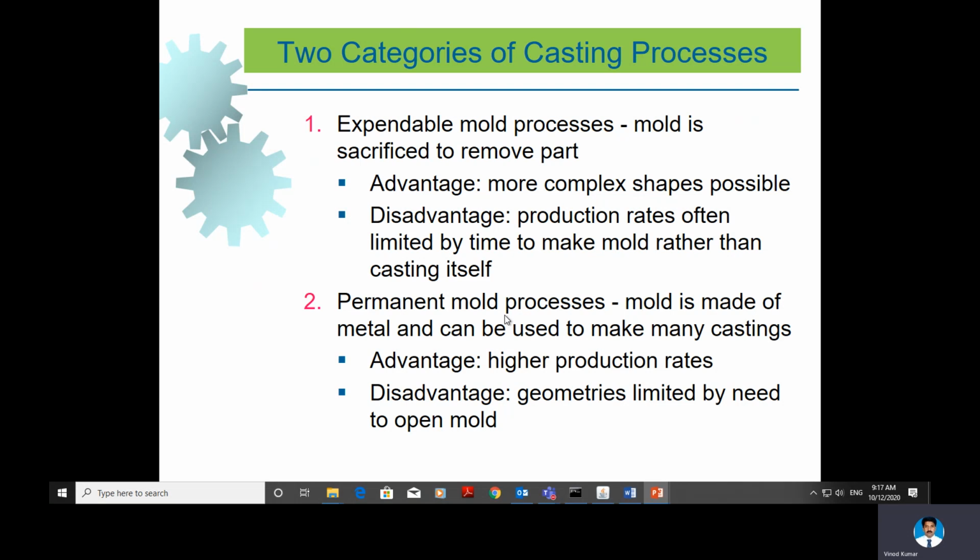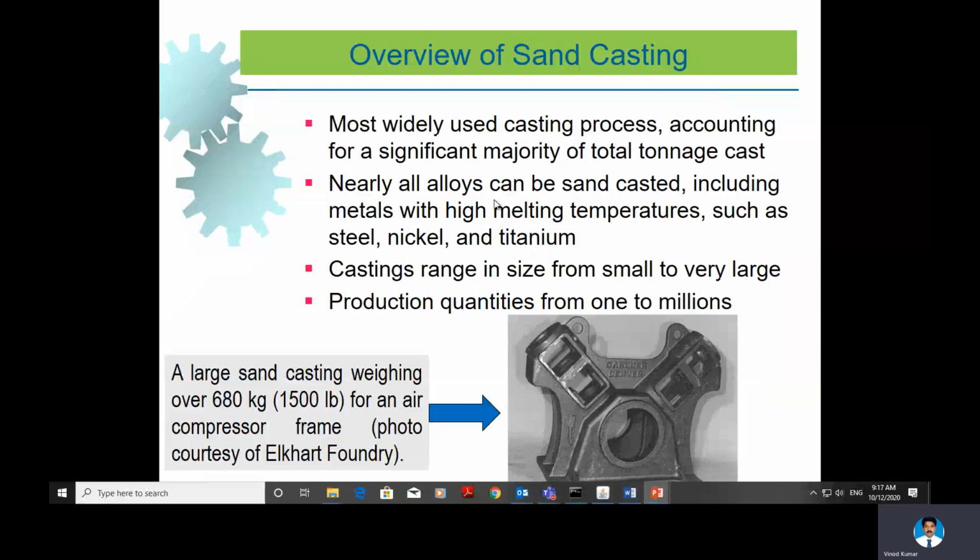Now, sand casting, which we already discussed before, is the most widely used casting method where we use sand and clay. Clay is used as the binder. Nearly all alloys can be sand cast, including metals with high melting points such as steel, nickel, and titanium. This is the beauty of sand casting.